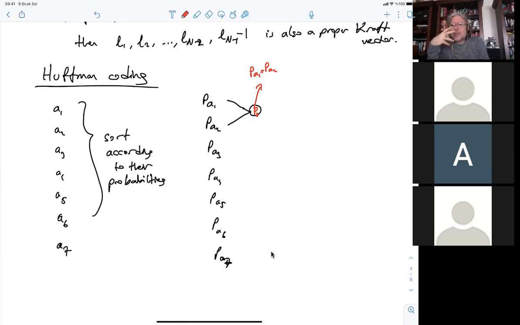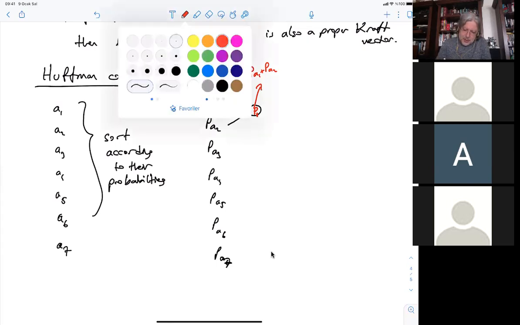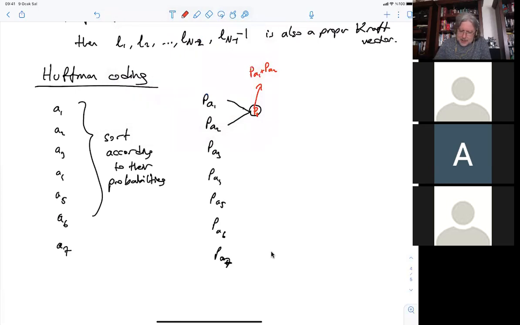Now I will merge again, but before merging, I have to sort again. But this time the sort will contain P1, this one, and then PA3, PA4, PA5, PA6, PA7. So whichever is smallest will go up. And probably when I add PA1 and PA2, this P1 may be larger than PA4, let's say, something between PA4 and PA5.